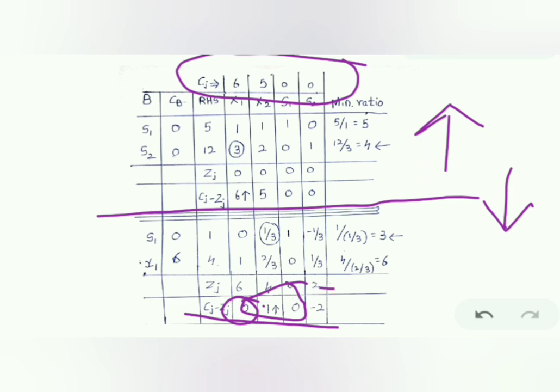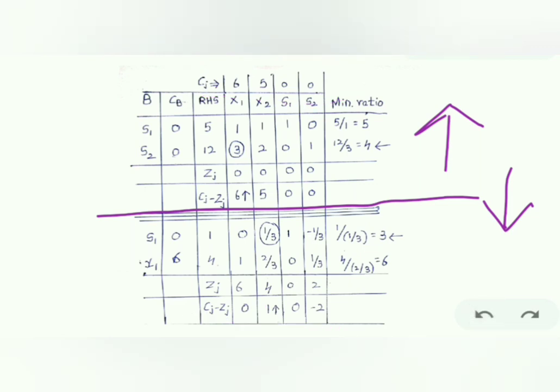And 0 minus 2, minus 2. Oh no, still one value is greater than 0. What was our aim? For maximizing, Cj minus Zj for all elements should be less than or equal to 0. But 1 is greater than 0. So I think there would be a third iteration also.